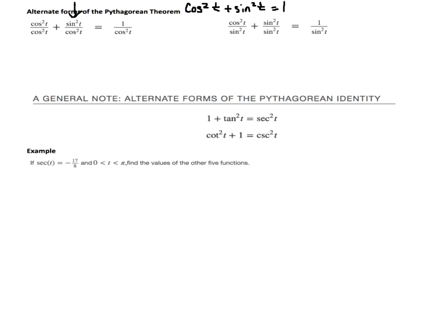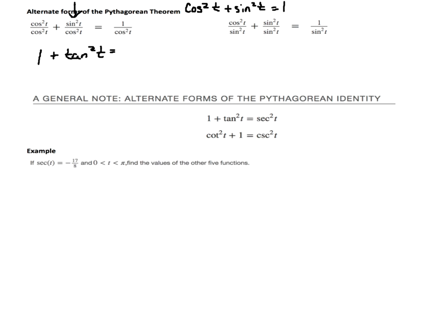Well, if I come through and divide cosine squared t off of all of those terms, I end up getting cosine squared t divided by cosine squared t is just 1. The sine over the cosine is the same thing as the tangent, so this is tangent squared t.